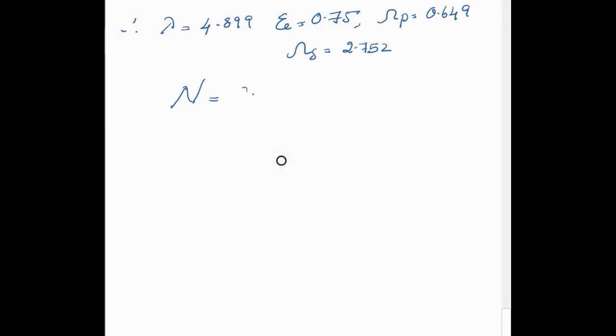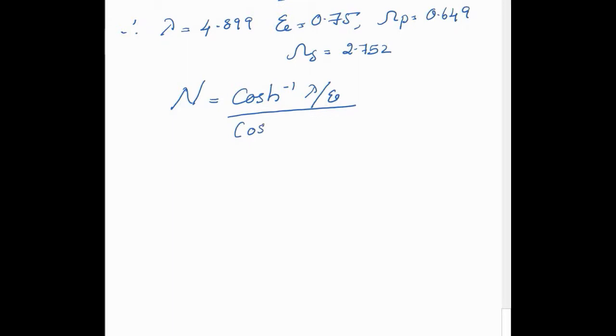Here you have to find cosh inverse of lambda by epsilon divided by cosh inverse of omega s by omega p. Instead of log you have to use cosh inverse. In the calculator you can take it at shift.